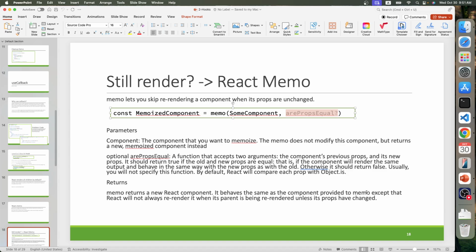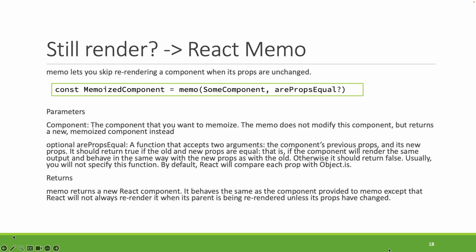So let me use this one. The optional arePropsEqual is a function that accepts two arguments, the component's previous props and its new props. You should return true if the old and new props are equal, meaning the component will render the same output and behave the same with the new props as with the old. Otherwise, it should return false. Usually, you will not specify this function.